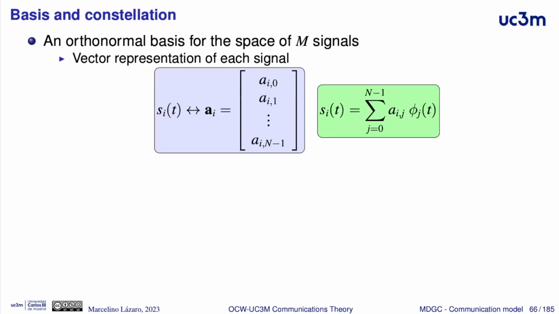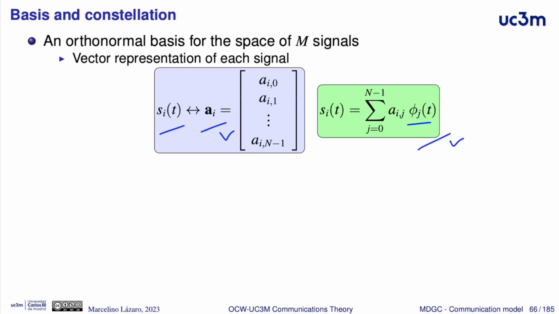Everything is much simpler if a vector representation of the signals is used in the design of the modulator, because a signal can be represented by a vector of capital N coordinates, and the signal can be written as a linear combination of these coordinates times the N elements of an orthonormal basis.